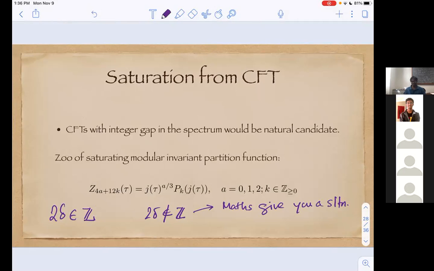So you are saying it's not clear whether there exists a modular invariant partition function with that? Yeah. So I guess I should be more clear. When 2 delta belongs to integers, then the thing that saturates has an integer gapped spectrum. But when 2 delta doesn't belong to Z, then the math solution tells you that this spectrum would not be integer gapped anymore.